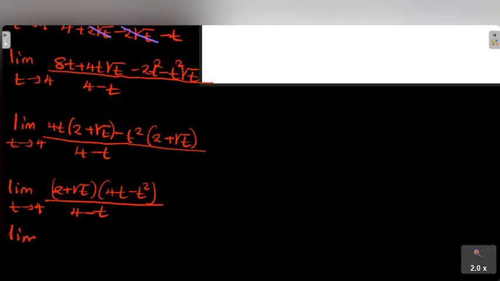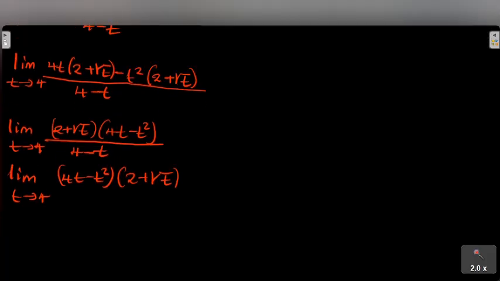So it will be the limit as t approaches 4, and this will give us 4t minus t squared, then we end with 2 plus root of t. Then here we divide by 4 minus t. So now we have the limit as t approaches 4.